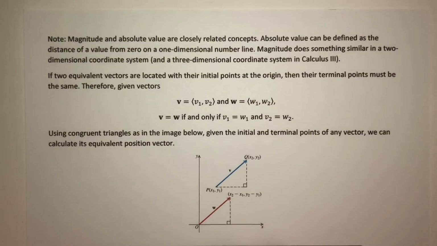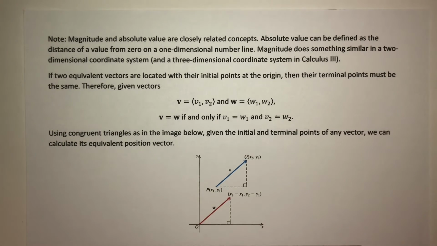I mentioned this earlier: magnitude and absolute value are very closely related concepts. They both can be defined as a distance from 0. An absolute value is defined as a distance from 0 on a one-dimensional number line. Magnitude does something similar.